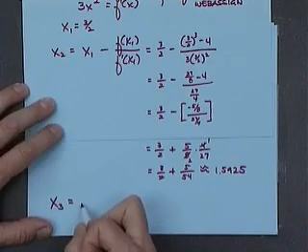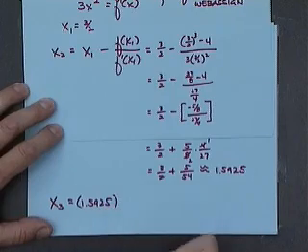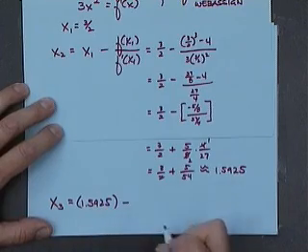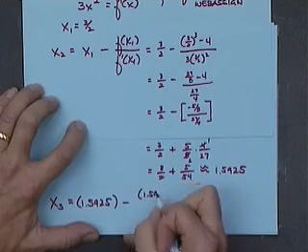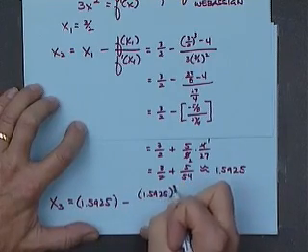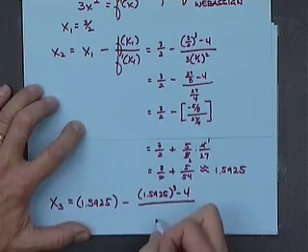We would want x2, there's our approximation, minus the f of x2 over the f prime of x2.